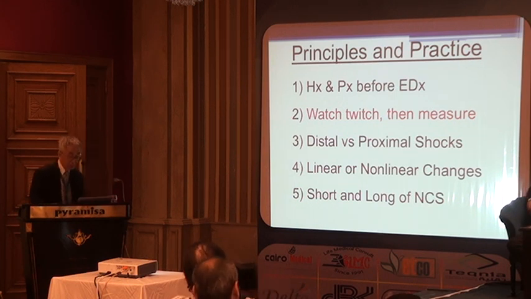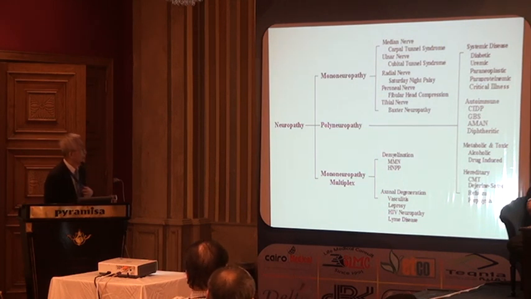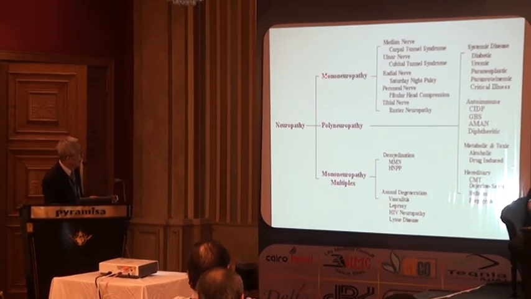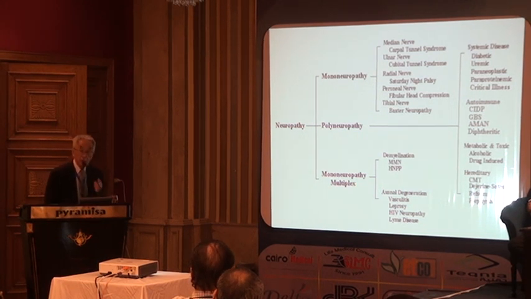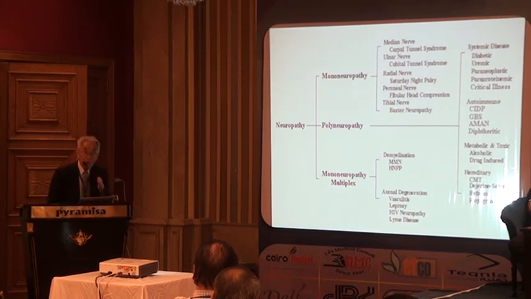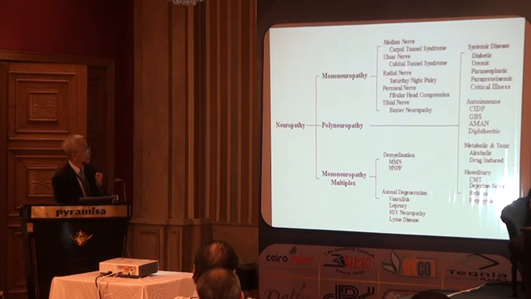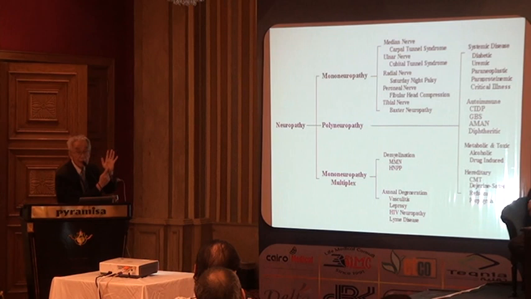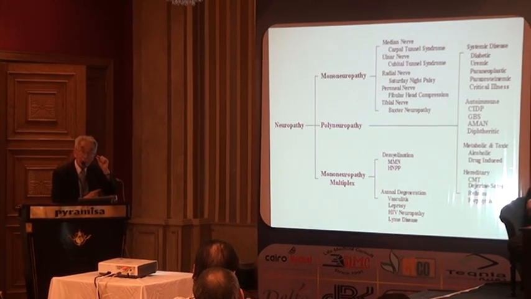Now the reason this classification is important is that in mononeuropathy and mononeuropathy multiplex, the lesion site is very focal. Carpal tunnel syndrome at the wrist, actually in the palm, affects the nerve only within 1 centimeter, probably 0.5 millimeter, very focal.